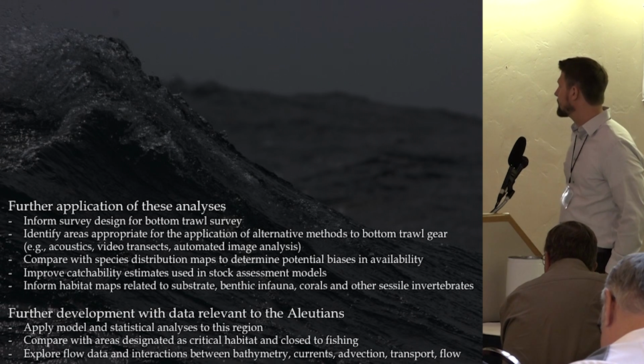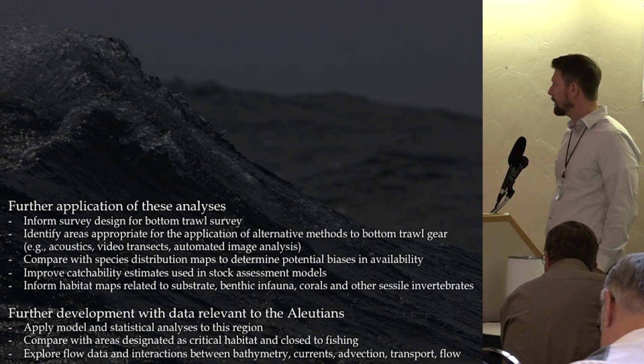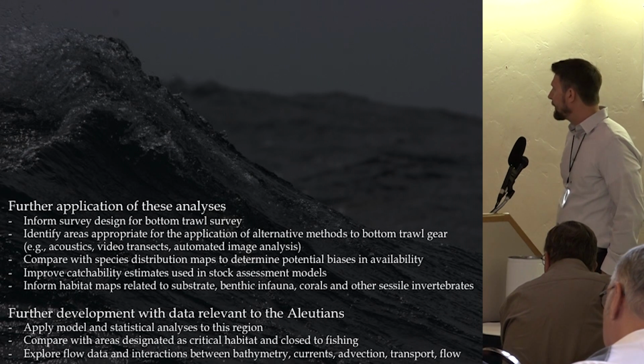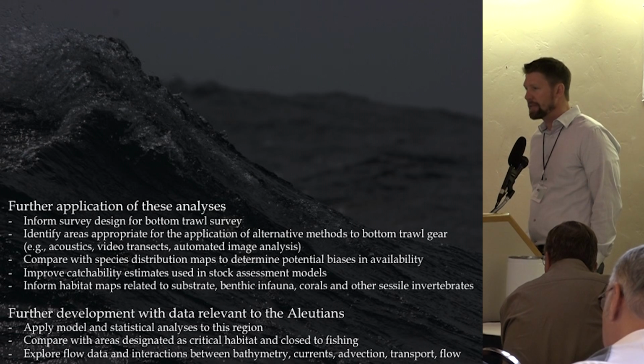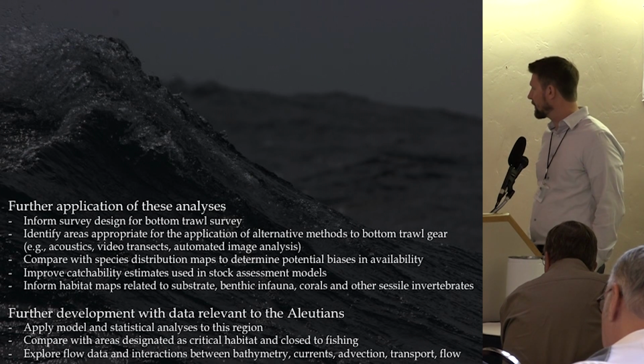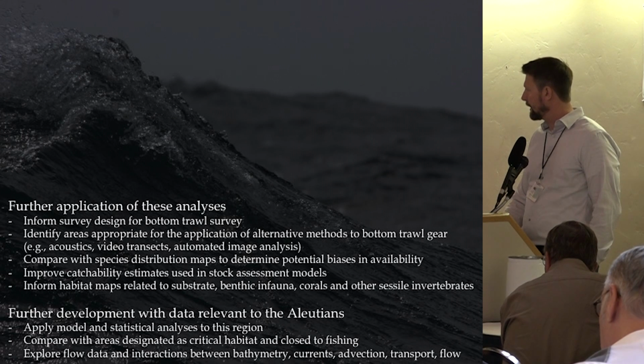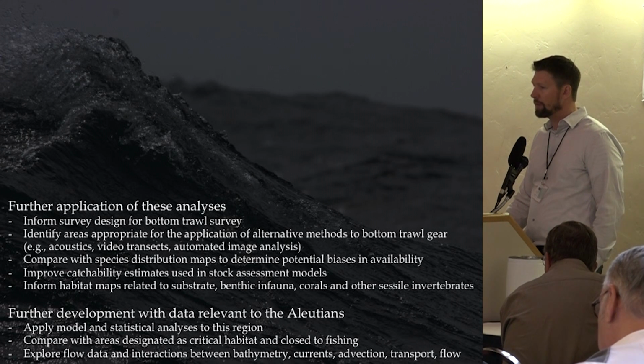In the Aleutians, what we're trying to do is then apply the model that we have used in the Gulf, compare areas that are designated as either closed to fishing or critical habitat, and then look at if this information can help understand some of the oceanography and flow in the region as well.